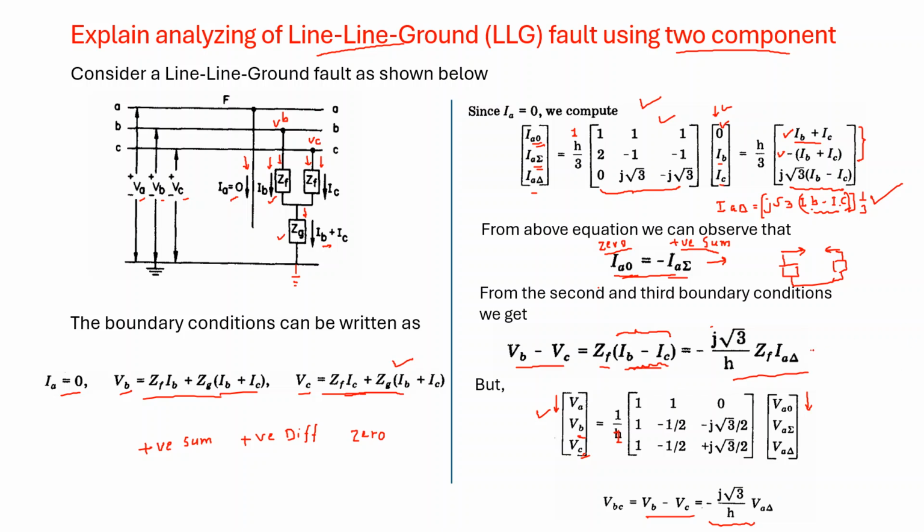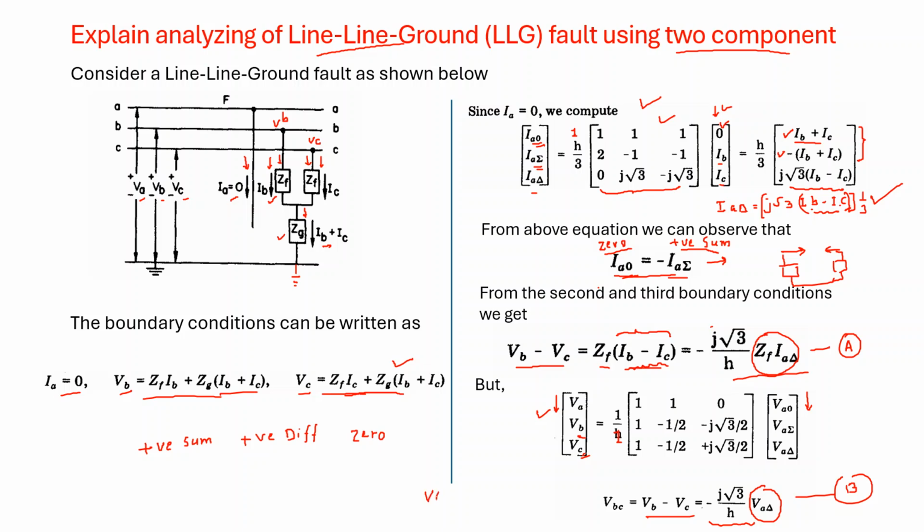Now let this equation be A and this equation be B. Now from equations A and B, you can see here, we can write that this quantity ZF I delta and VA delta are equal.